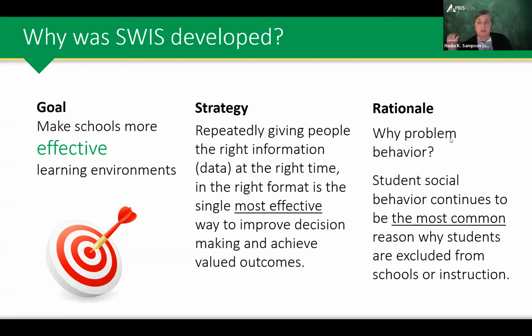It doesn't mean that those other systems aren't important, but using them together can be much more effective so that you're looking at all the data you need to make good decisions. We know too that behavior, whether it's a problem or it's just behavior, is the primary reason students are excluded from classrooms and academia.